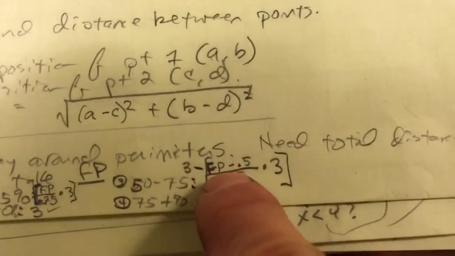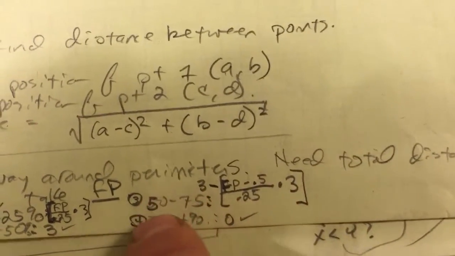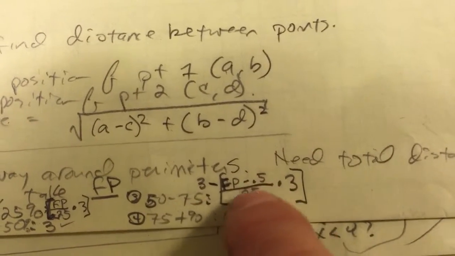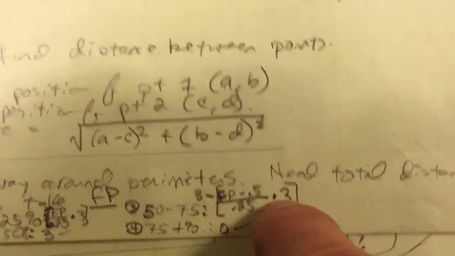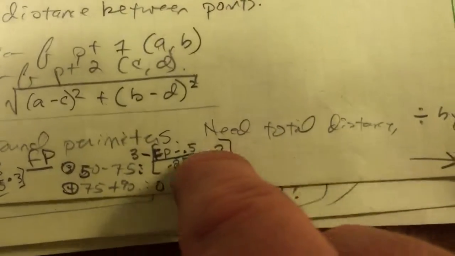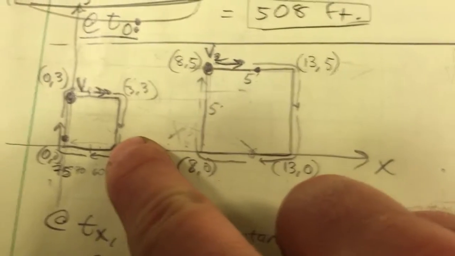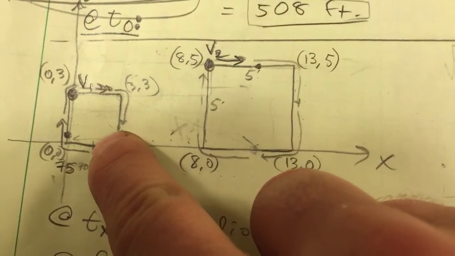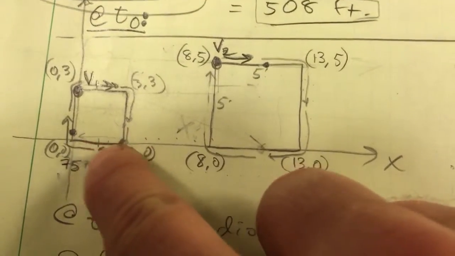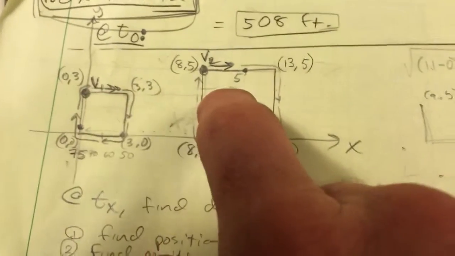So it's going to be 3 minus the fractional part minus 0.5, because you've got to get it down to 0 to 0.25, divided by 0.25. That gives you the percent of the way across the length 3 of that leg, and it's 3 minus that. So it's pushing it to the left, 0% of the way, 50%, 100% of the way over in that range. You do that kind of algorithm for both boxes, and you've got 4 cases for each box.